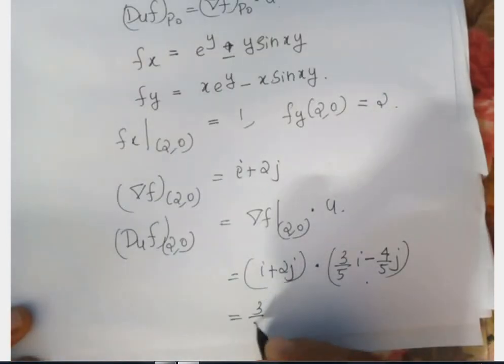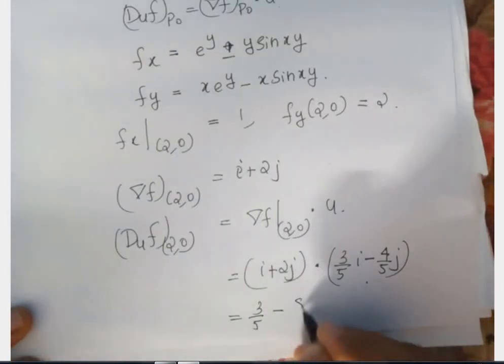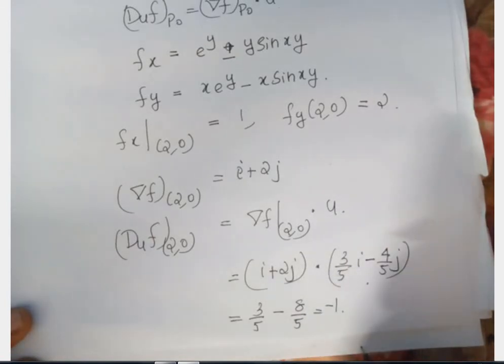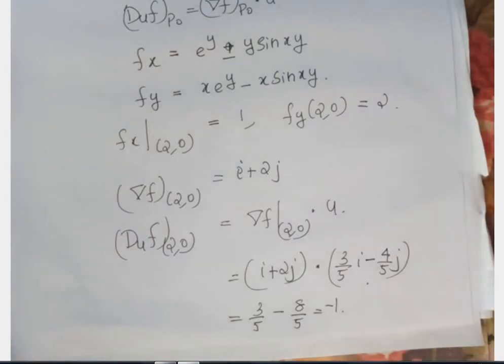This is equal to 3/5 minus 8/5, which is equal to minus 1. So the directional derivative is equal to minus 1.